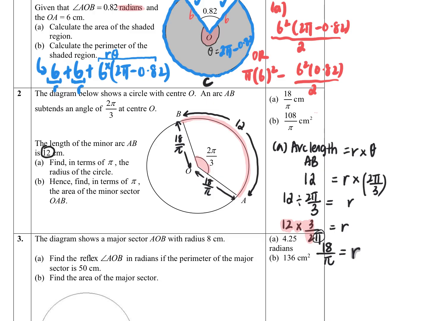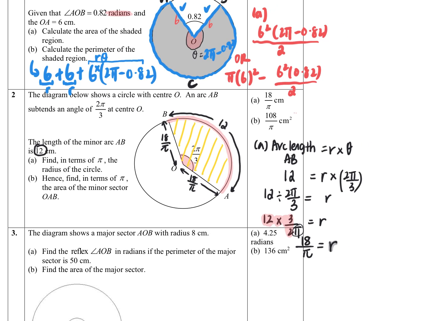Okay, next one it says, hence, can we find the area of the minor sector? Minor sector means the small piece. This one. So again, think of the formula. It's all about formula, and this formula is given on the front page.